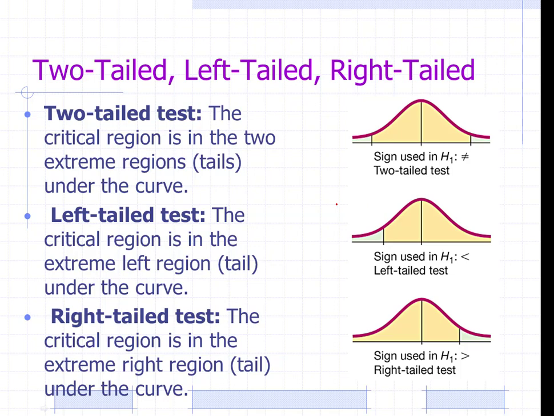And so we have different kinds of tests. When we use a not equal to, we have a two-tailed test. We're looking for alpha divided in both of the tails, like we did with a confidence interval. When we're looking at a less than alternative hypothesis, then we're looking for the area down here in the left tail. When we're using a greater than in our alternative hypothesis, we're looking for the area up here in our upper tail.